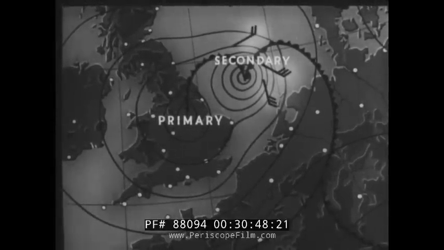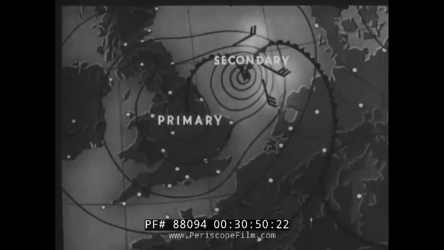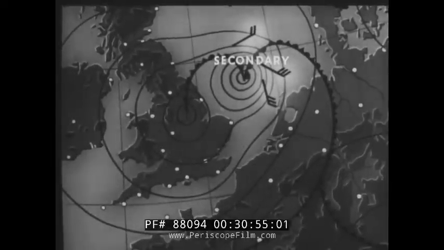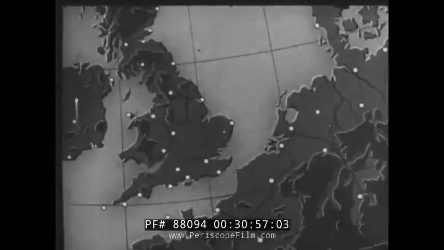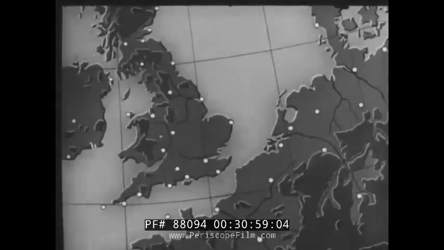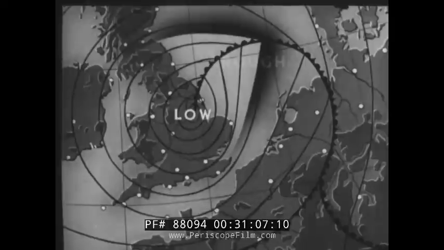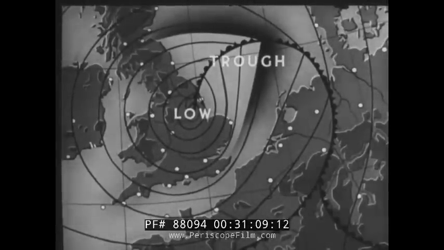They frequently become intense with strong winds and heavy rain, and the primary then becomes relatively unimportant. Occasionally, the disturbances cause the isobars to assume a V-shaped form. This is called a trough of low pressure.